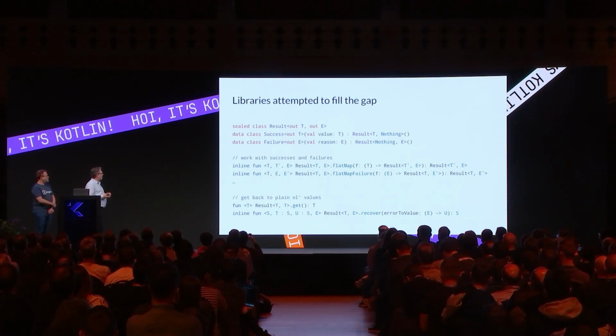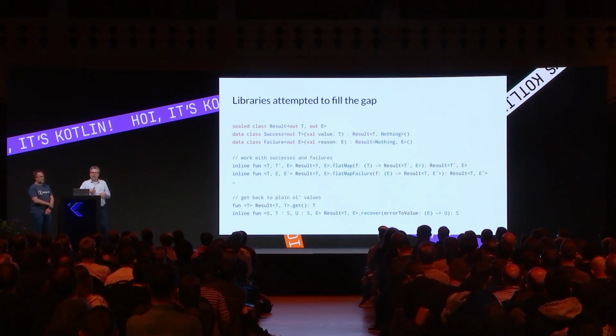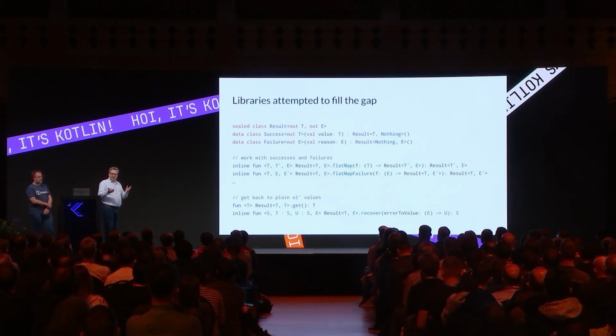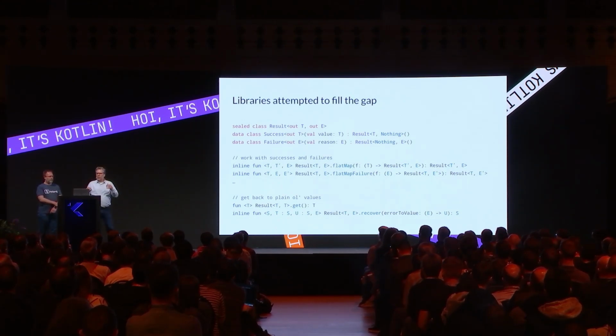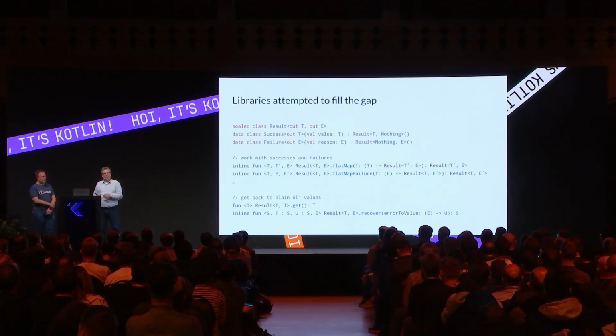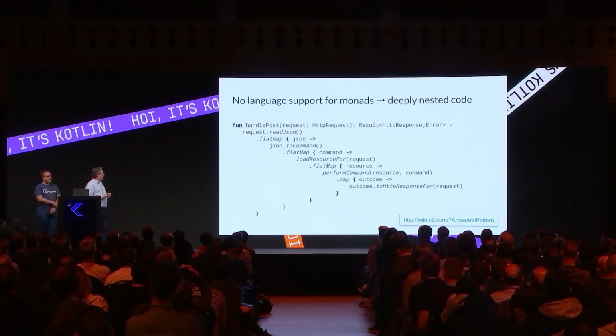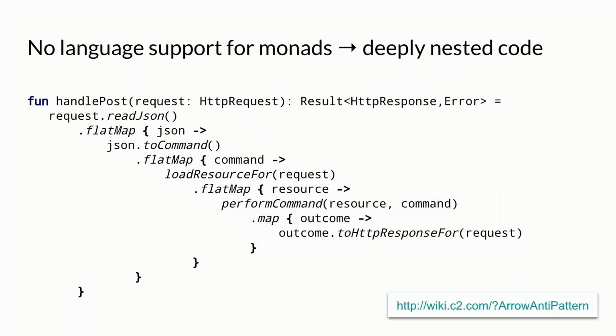So flatMap composes a result that I've received from a fallible function with another function that can fail, short-circuiting that evaluation if the previous function failed. Get and recover allow me to escape from a sequence of result or fallible functions, providing just a plain old value back to normal pure function land. And when we use these, we can compose functions that can fail and type check our error handling.